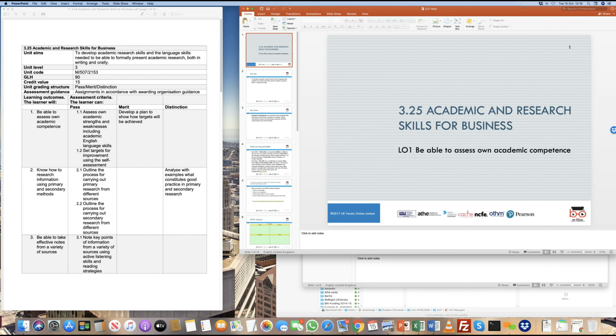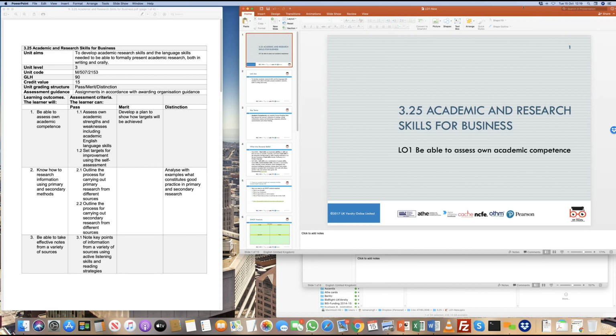So this unit is looking at helping you to understand what the area of research is, why we look at research, and why English language skills are quite important, because when we look at higher education, we're looking at writing using English, and that is going to be academic writing.